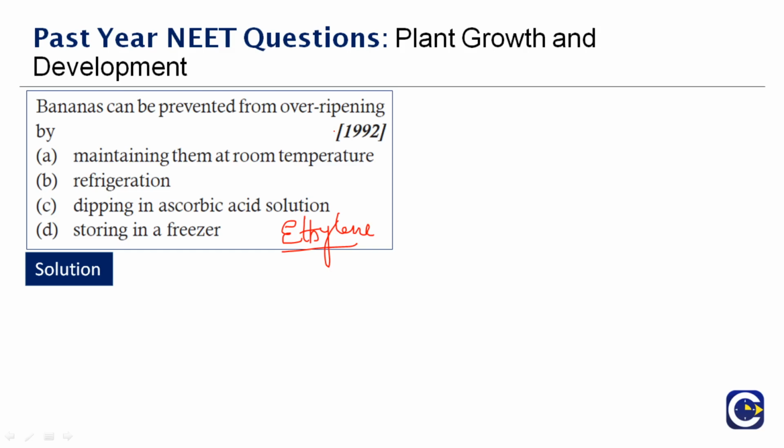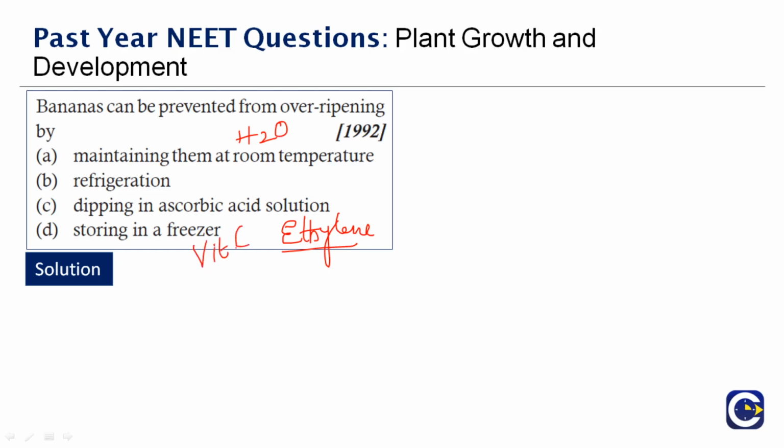ascorbic acid. Ascorbic acid is an organic acid with an antioxidant property. Its appearance is white to light yellow crystals, or you may find it in powder form. It is a water soluble acid. The L-enantiomer of ascorbic acid is commonly known as vitamin C that we include in our diet.